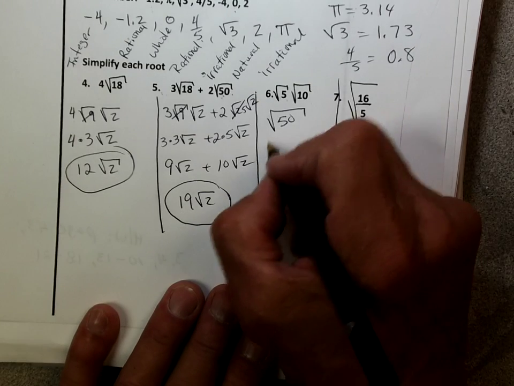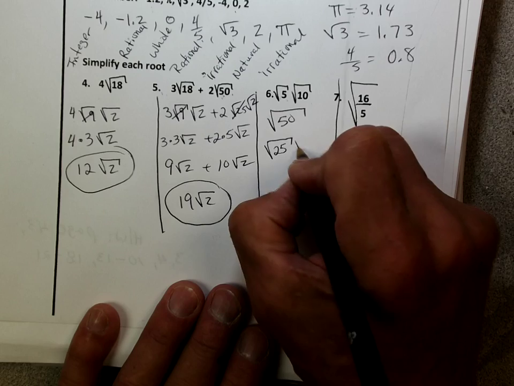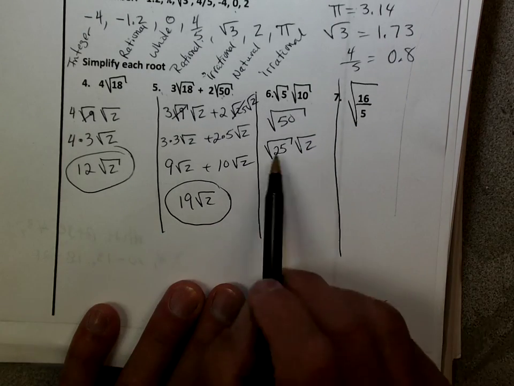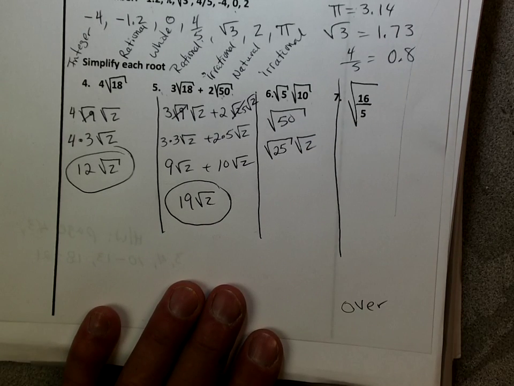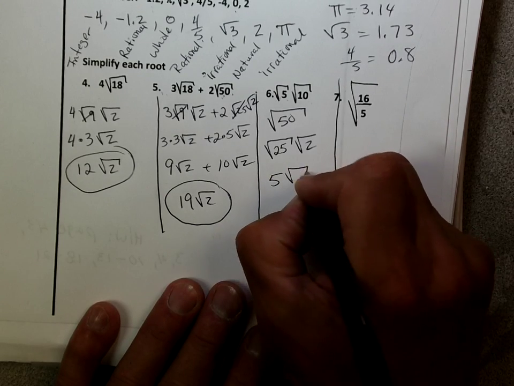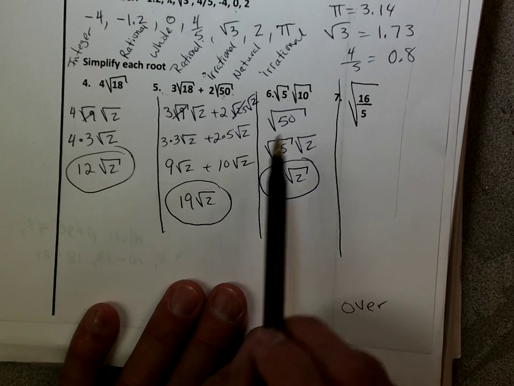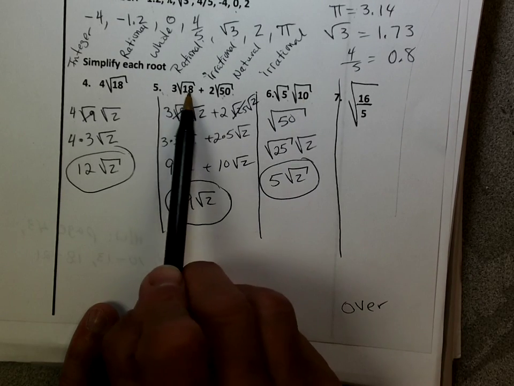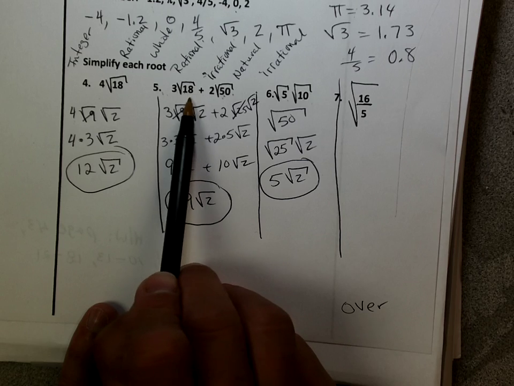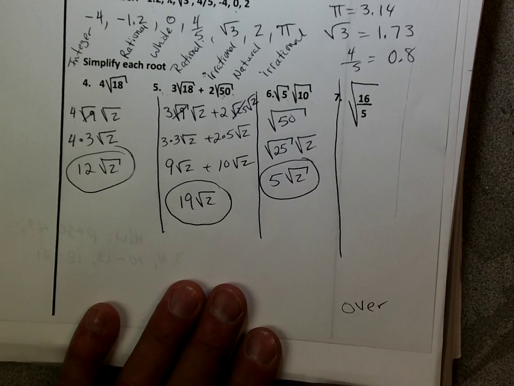So I'm going to rewrite this as the square root of 25 times the square root of 2. And the square root of 25 is just 5 square roots of 2. What you can't do, Megan, is multiply square roots with non-square roots, like this one. Those you can't multiply, because that's a regular number and that's a square root. But you can multiply square root to square root, okay?